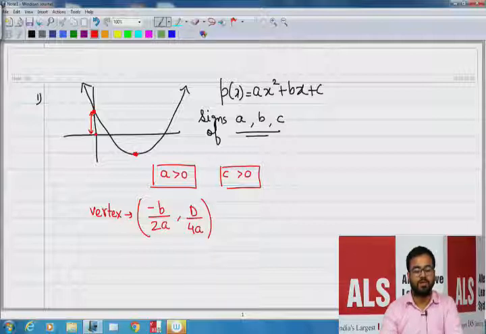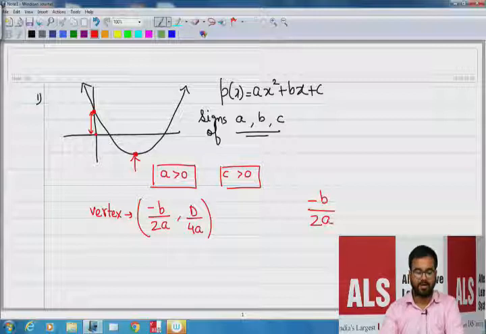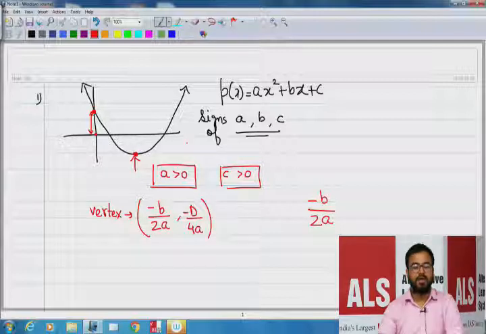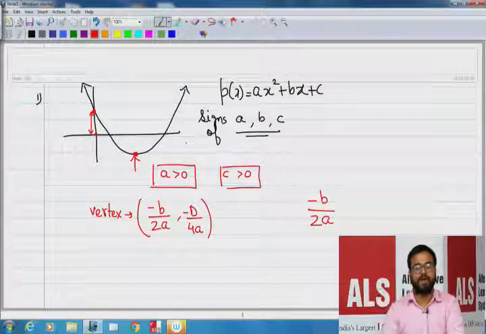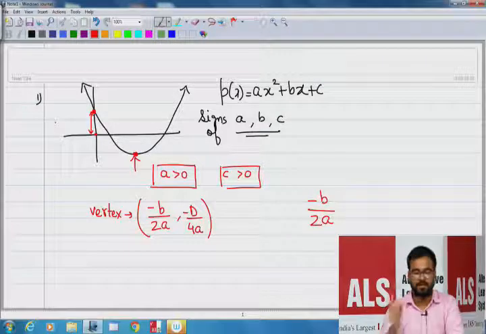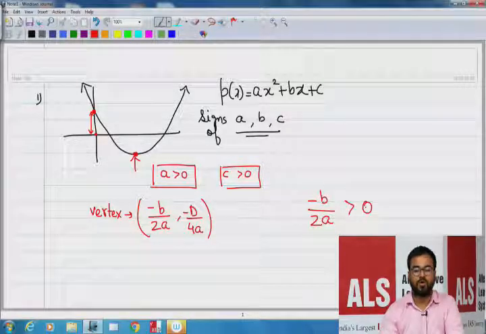So the x coordinate of this point is minus b by 2a, and you can see minus b by 2a is on the positive x-axis, so this has to be positive.